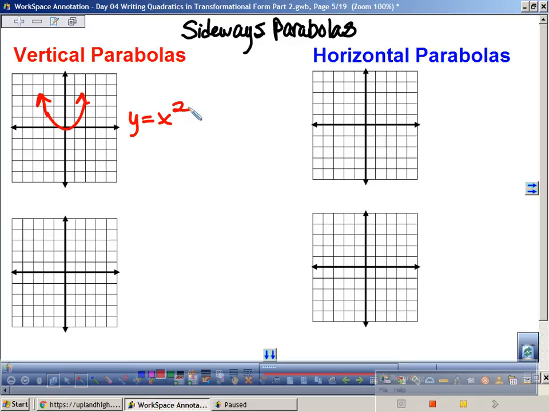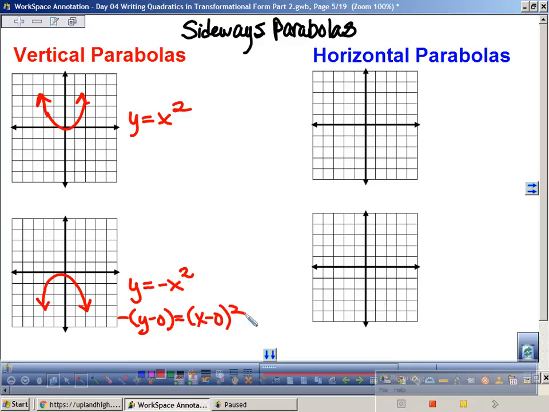But we can also talk about our parent graph in the negative direction, which is y equals negative x squared, or how we've learned to write it is negative y minus 0 equals x minus 0 squared.